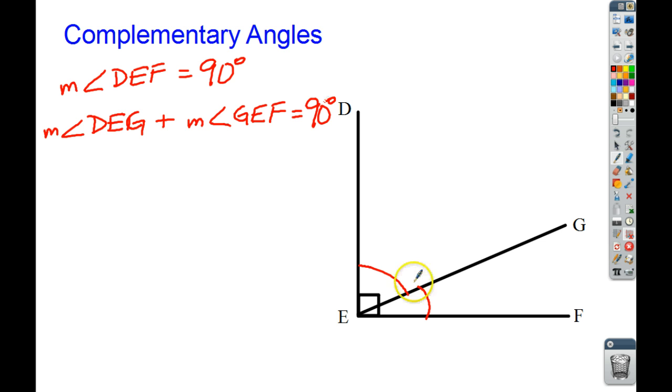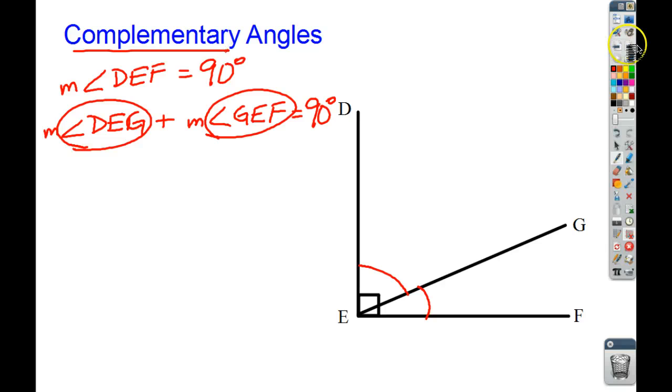If I have this big 90-degree angle, and I draw a line, I'm breaking it up into two smaller angles, and together they equal 90 degrees. So what that means is angle DEG and angle GEF are complementary angles, because when I put them together, they equal a right angle. And that's how this works.